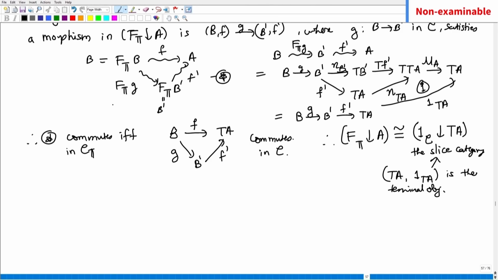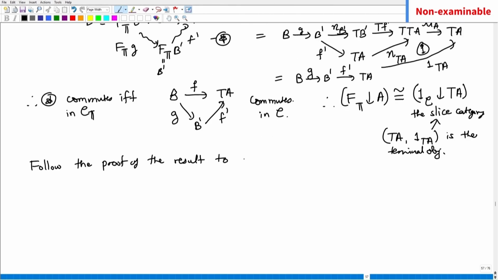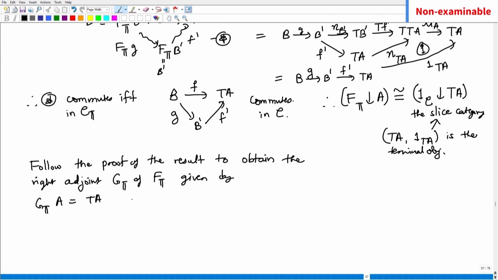Now I am going to say we have already done enough. Follow the proof of that result to obtain the right adjoint GT of FT, given by GT of A equal to TA, and GT of A wiggly arrow F is equal to, well, this is actually a morphism from A to TB.